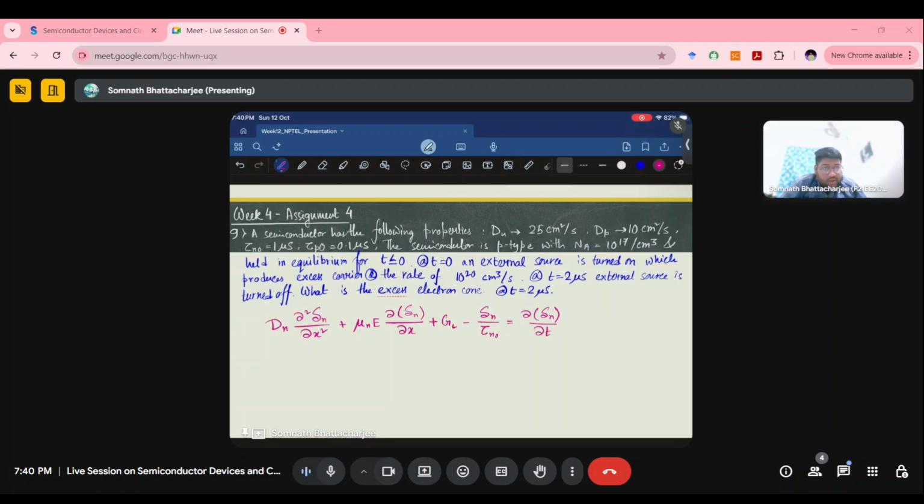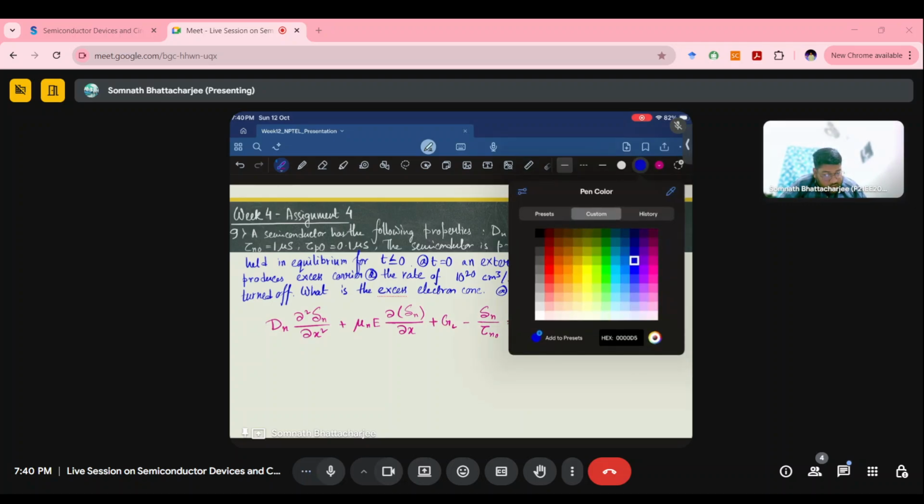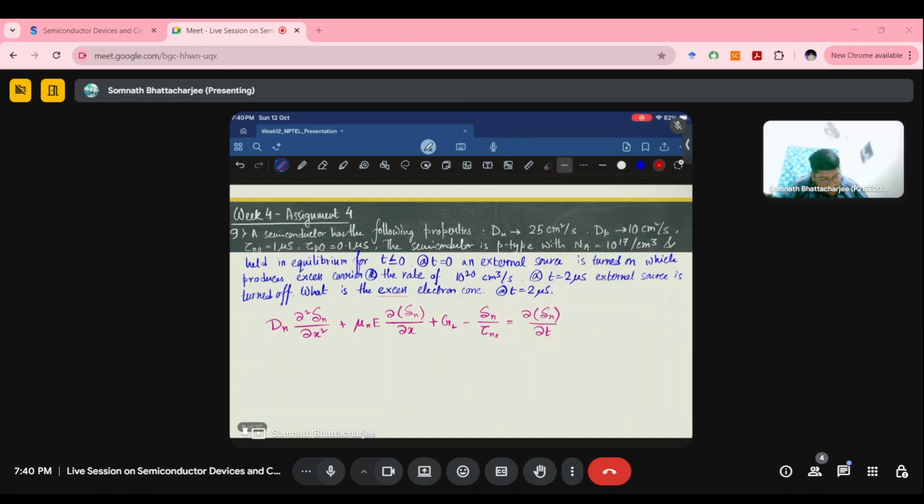Now from this, what we know is that we have two conditions here. Let me mark it down. There is a uniform generation going on. As there is a uniform generation, this term will go to 0.